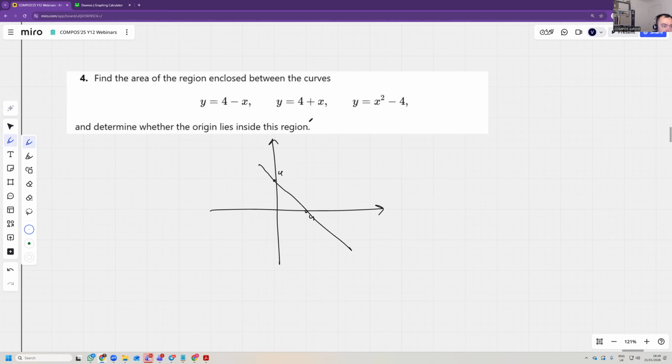It's a straight line like this. x plus 4, so that's like this. y equals x plus 4, y equals 4 minus x, and y equals x squared minus 4. So x squared minus 4 goes like this, and 2, 4, 2, 4, and it just goes like this.